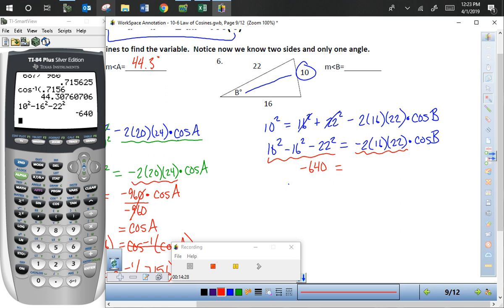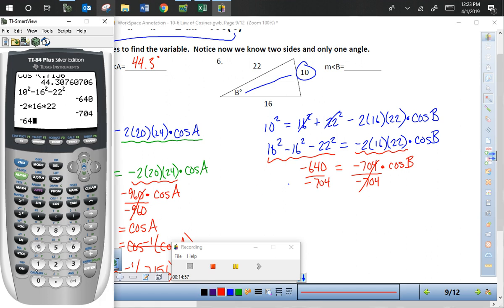Over here, negative 2 times 16 times 22 is negative 704. Bring down the times cosine B. Now that times is important because it tells you what to do next. We're trying to get this cosine by itself. Times tells us we have to divide to move it.